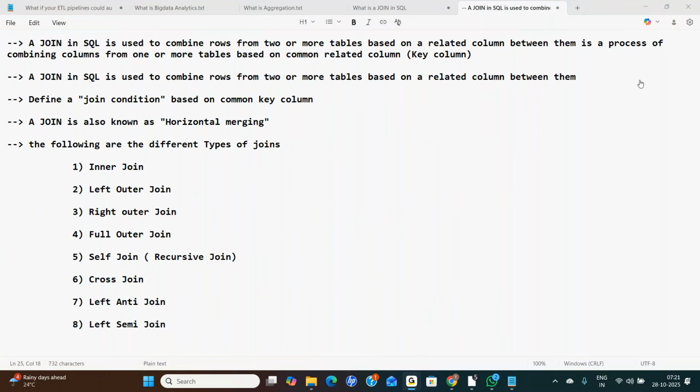All the definitions are very simple, and you can easily remember them. The practice is also very easy, like the aggregation topic yesterday. Even when we start the Databricks sessions from Thursday, you can write these queries directly in Databricks notebooks and execute them on the cluster.